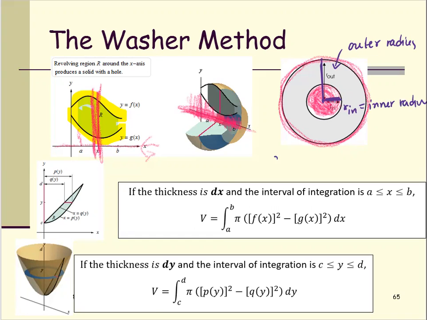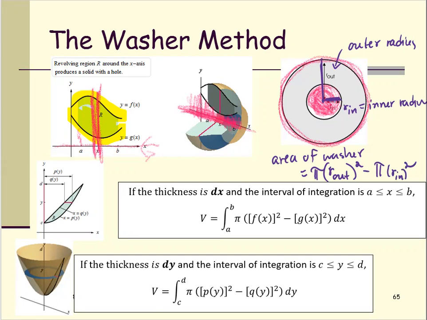So the area of the washer is going to be the area of the bigger circle subtracted by the area of the smaller circle. The bigger circle will be pi times R out, the outer radius, squared, minus pi times R in, the inner radius, squared.